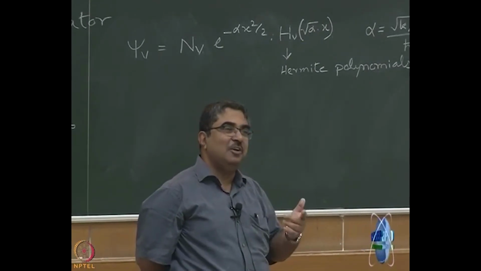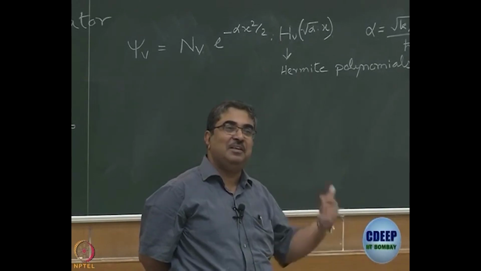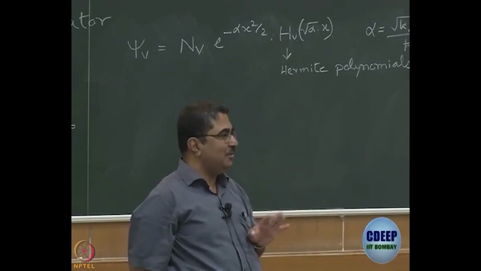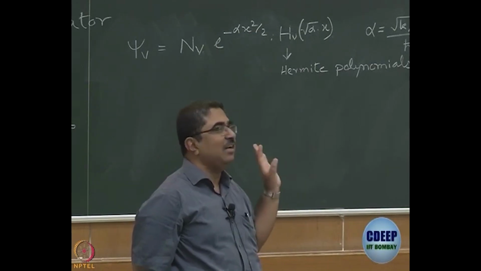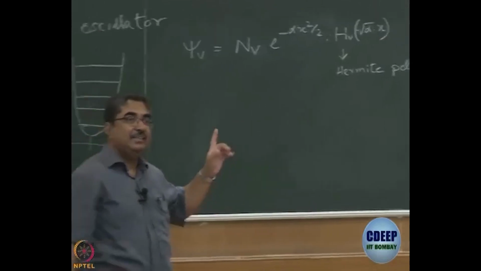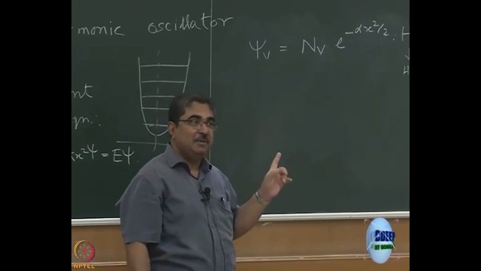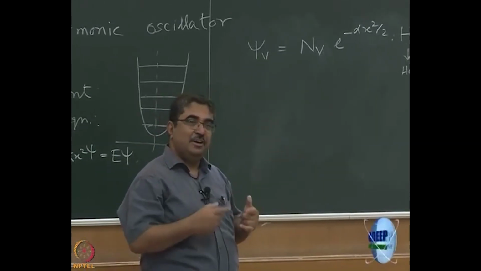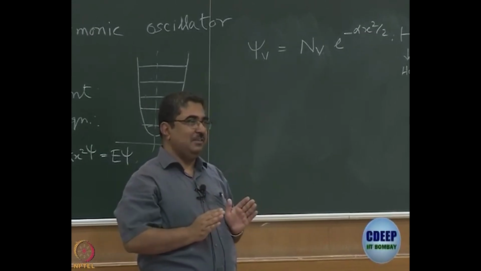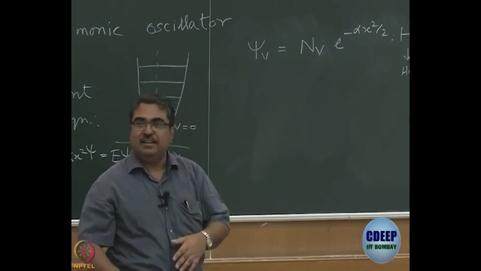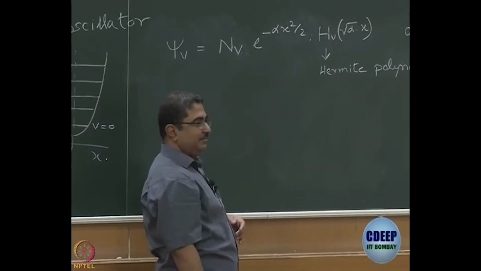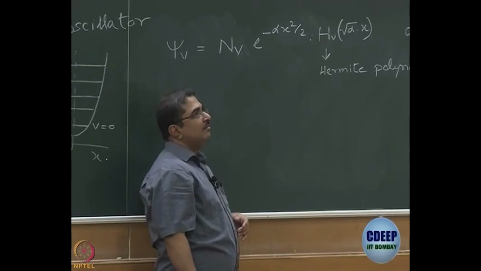So, it is a second order polynomial. Just remember the order: 0th order polynomial, first order polynomial, second order polynomial, and so on and so forth. V determines the order of the Hermite polynomials. This is what you need to know, nothing else. And as you will see, this becomes rather important later on when we discuss vibration of polyatomic molecules, but that is still 1.5 months away. Okay, Hermite polynomials.